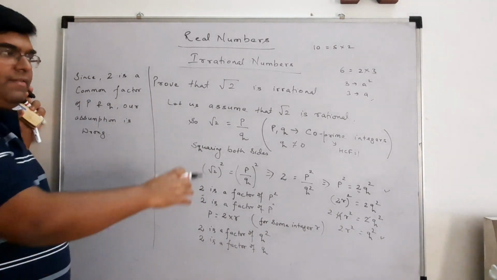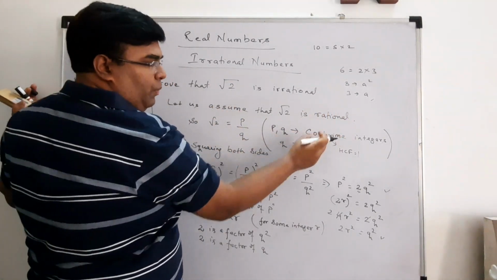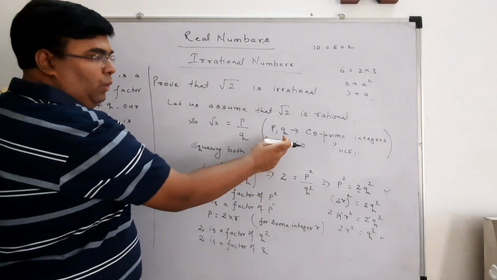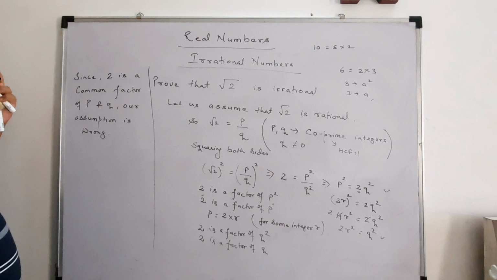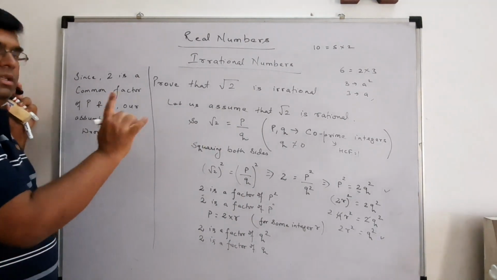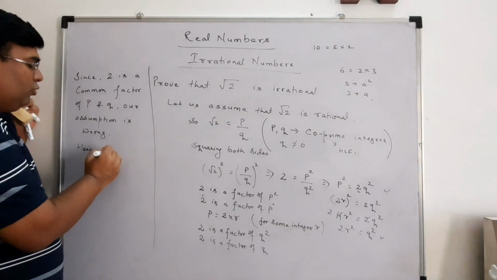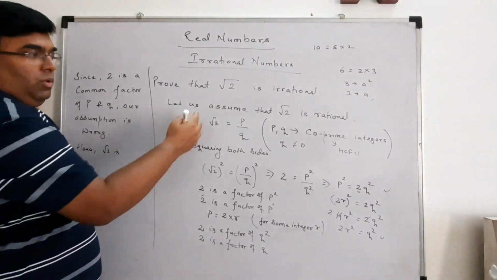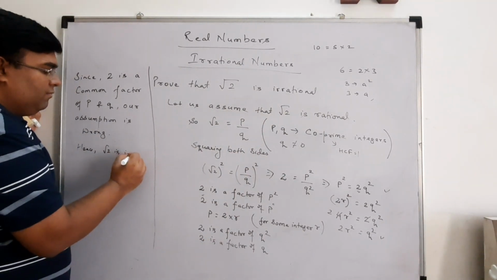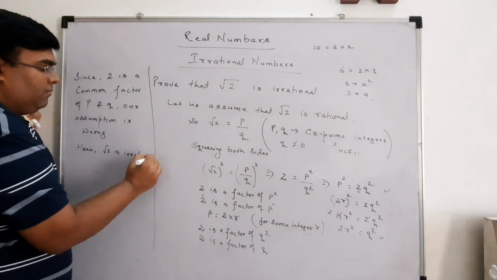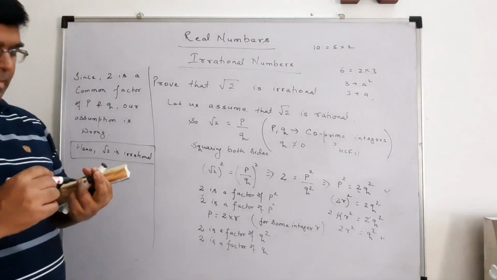Whatever we have assumed, that root 2 is rational, according to that p and q are co-prime, and we have proved that p and q are not co-prime. P and q both have 2 also as a factor. So our assumption is wrong, and hence root 2 is what? We have assumed root 2 is rational. It is wrong. It means what is left? Irrational. Understood?